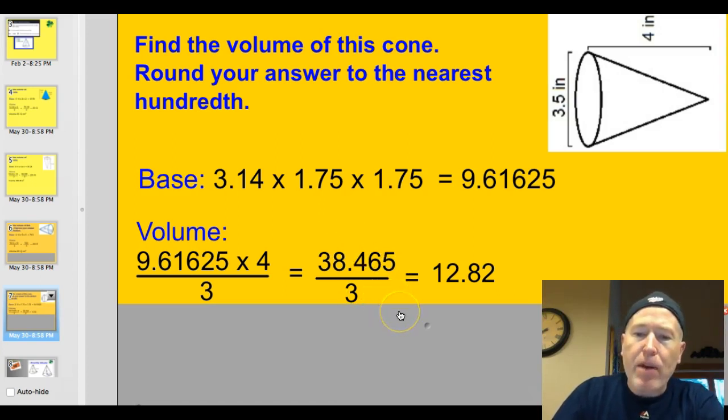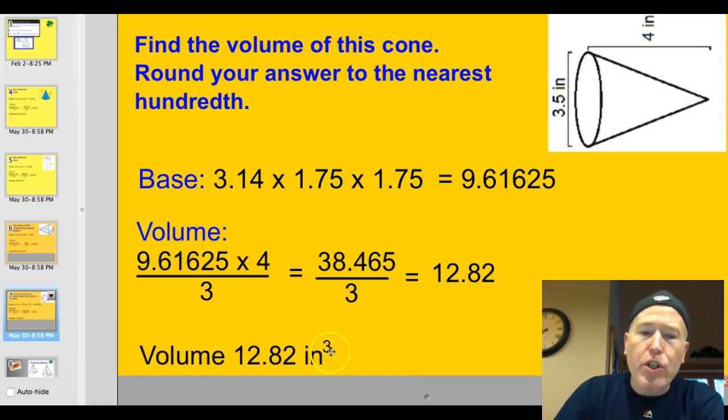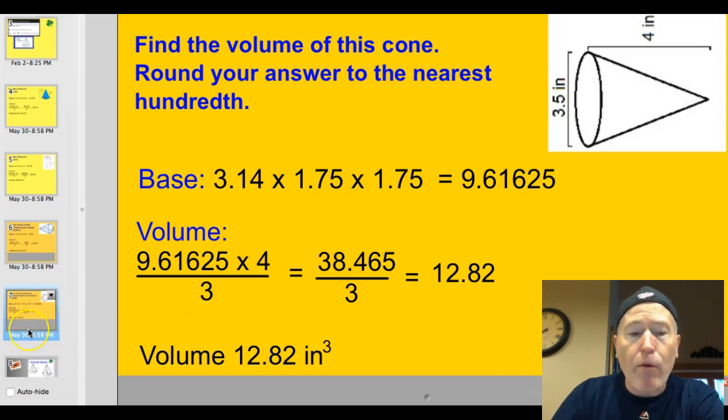Divide that by 3, you have 12.82. 12.82 inches cubed. Again, if you're using a pi button on your calculator, your answers will be slightly different. This is basically for 6th and 7th graders using a function calculator without a pi key. So that's why we're abbreviating it to 3.14.